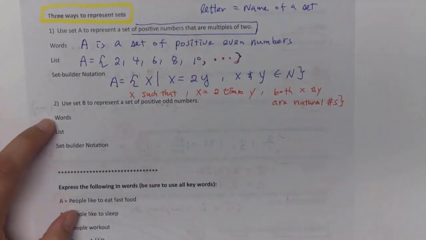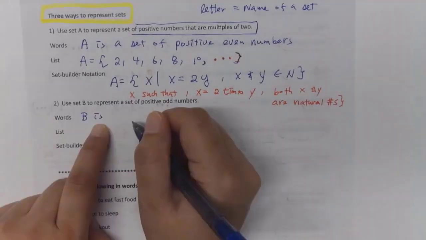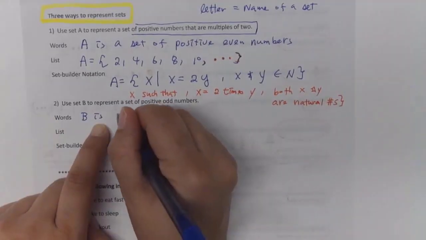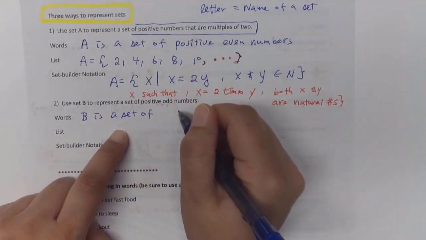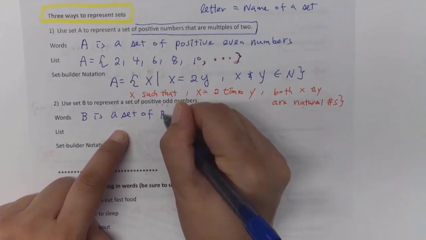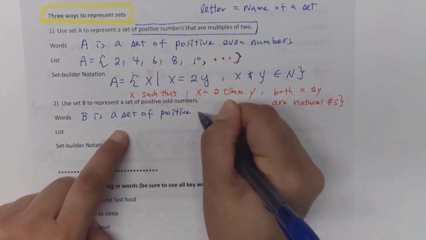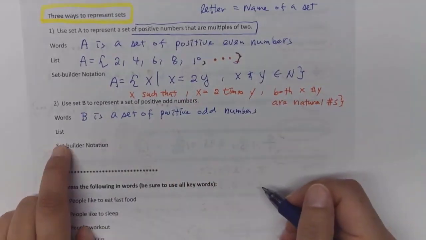So how do I describe in words number 2? Name the set as B, represent a set of positive odd numbers. So B is, what should I write here? A set of positive odd numbers. How do I list them?